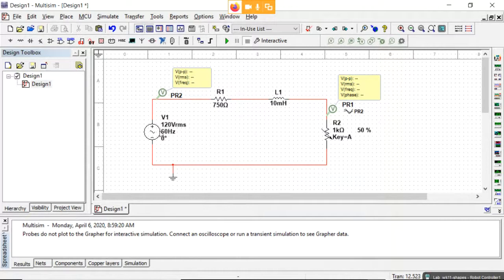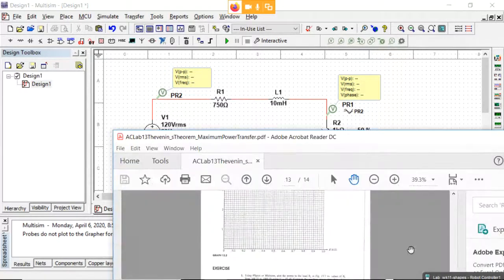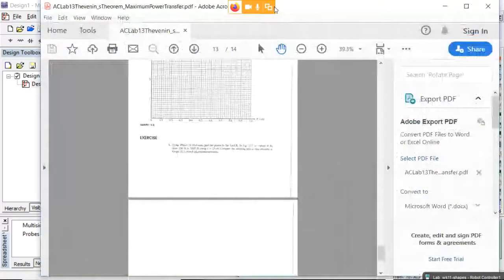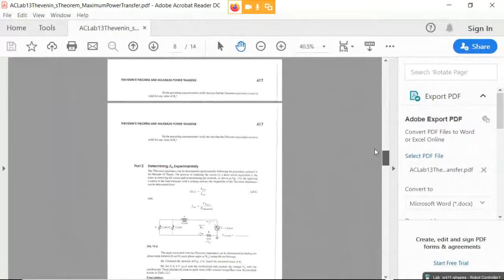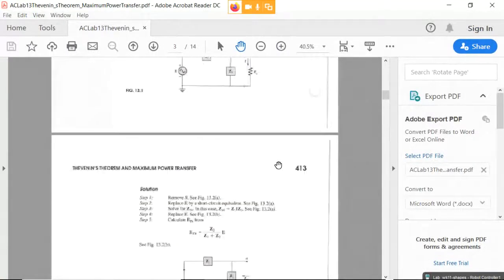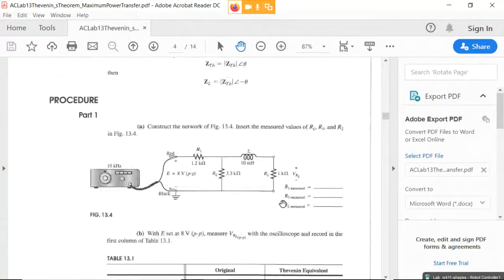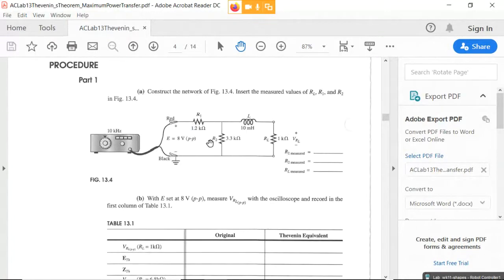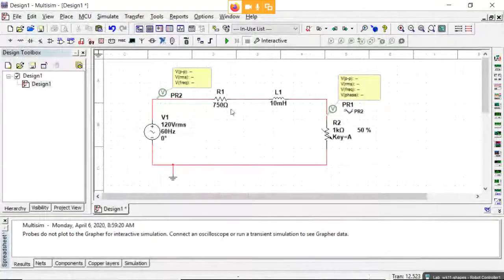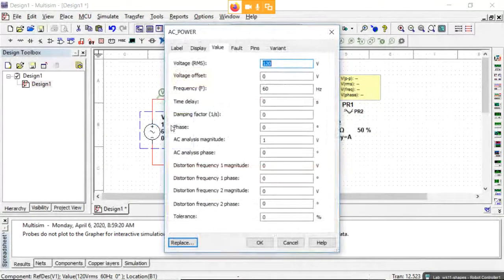We need to change that to match the lab. If we look at the circuit in the lab, it was 8 volts peak to peak. So I'm going to double click on this and make this 8 volts.